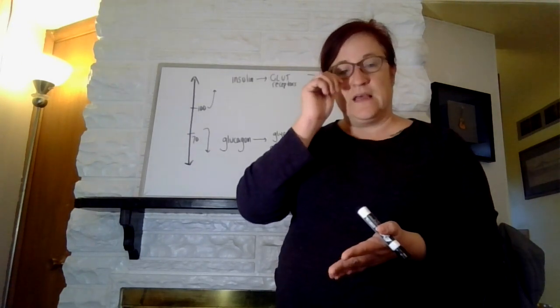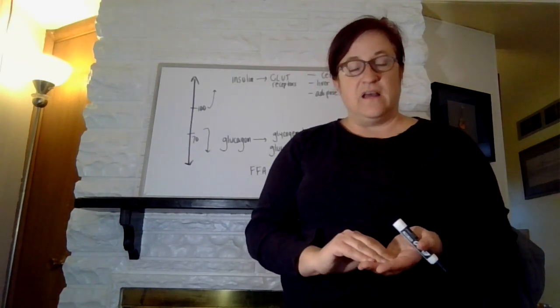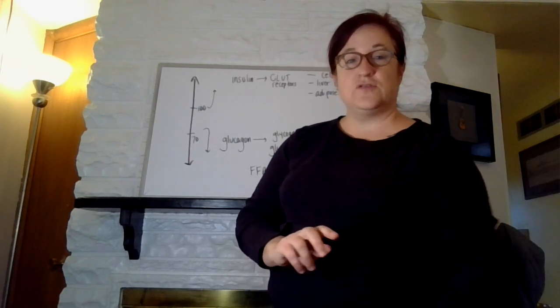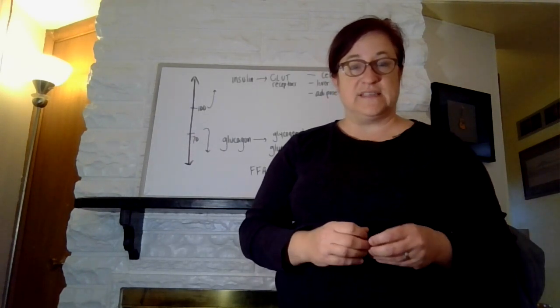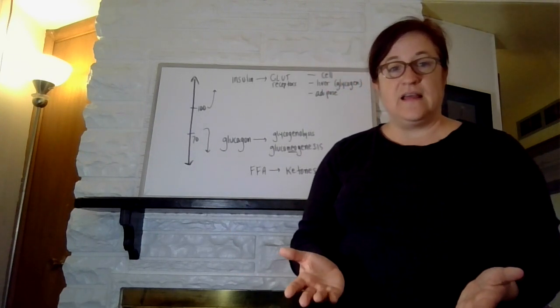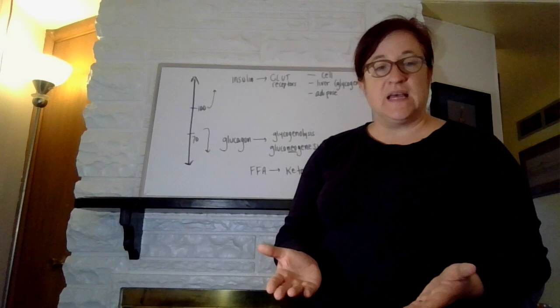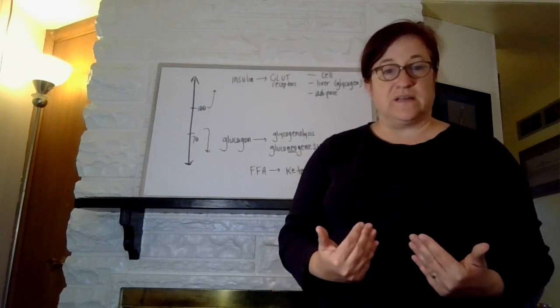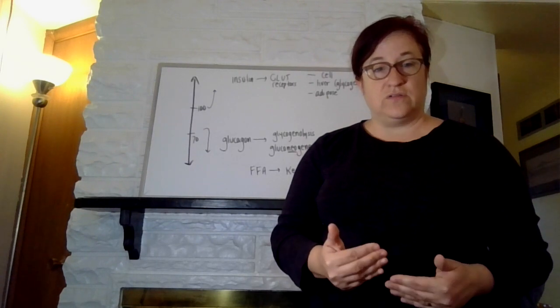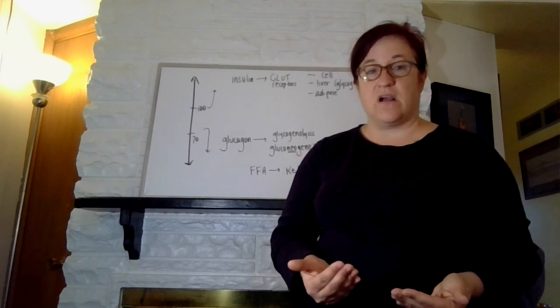So that means once our cells are fed in order to drive their metabolic needs, we will then store excess glucose just in case. Because remember, our body is an evolutionary machine, and in evolutionary times, we never knew when our next meal was going to be, so it was essential that we had a way to store glucose so that we wouldn't be starved.